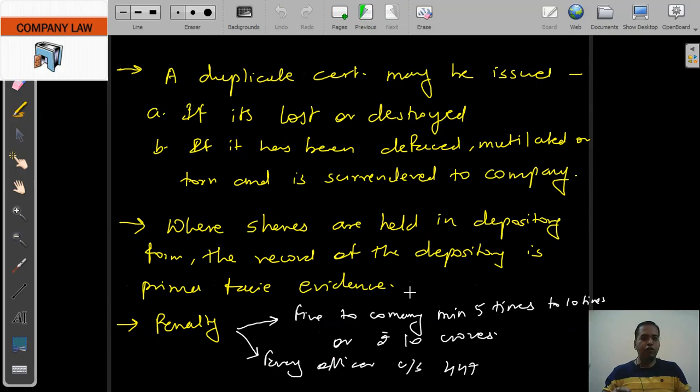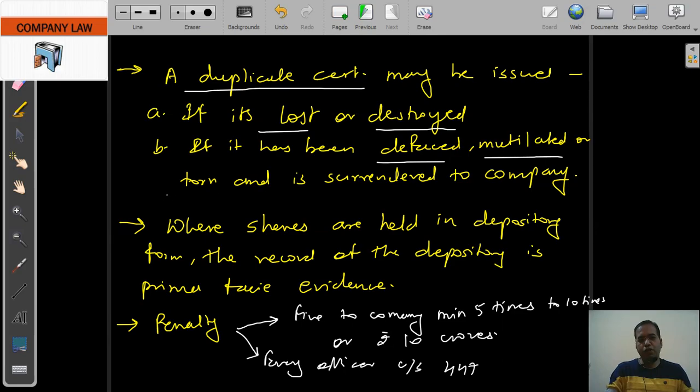Now let's assume that there may be a requirement of issuance of a duplicate share certificate, but not always. So law has specified those things. A duplicate share certificate can be issued if it is lost or destroyed, or if it has been defaced, mutilated or torn, and it should be surrendered to the company.